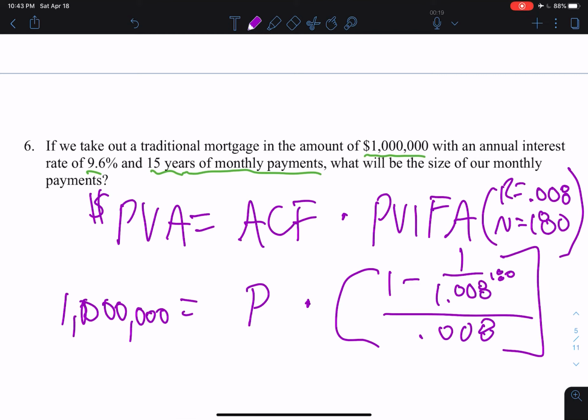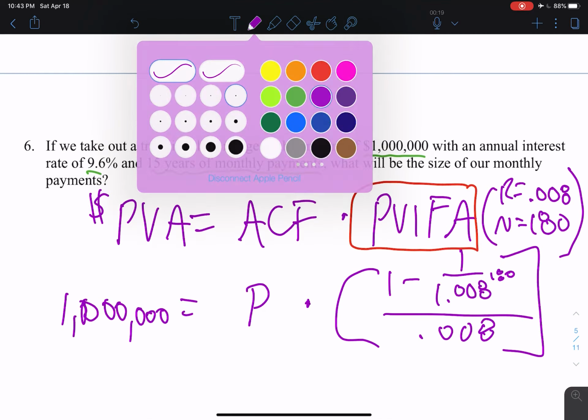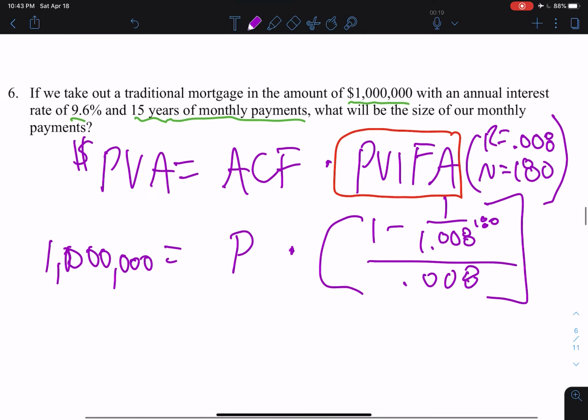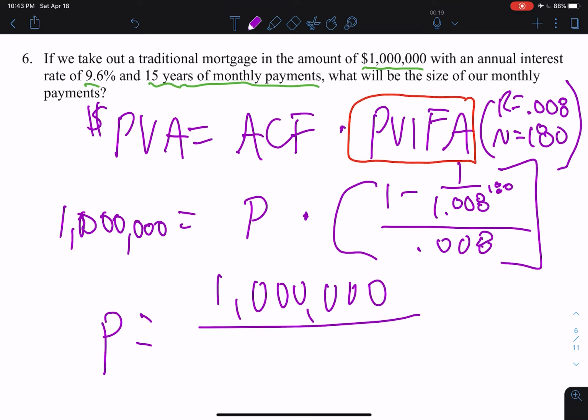Again, the details on the derivation of this were provided in an earlier video. Just look it up. It's on the playlist here. So, of course, it's obvious. P is equal to 1 million divided by the PVIFA.